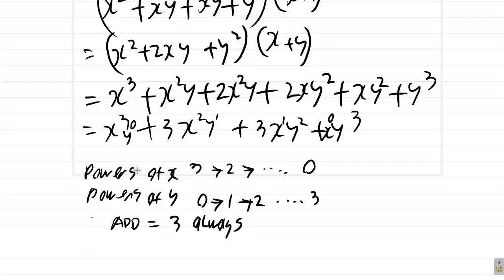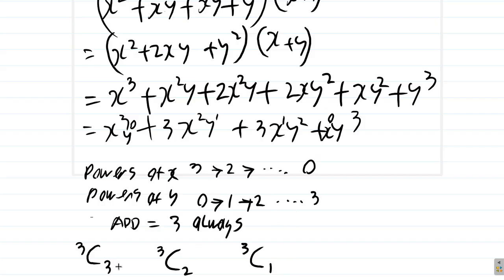Alright, now the coefficients, you have combinations here. 3 x's and no y's. How many ways can you arrange 3 x's and no y? That is 3C3. Then how many ways can you arrange 3 numbers with 2 x's?